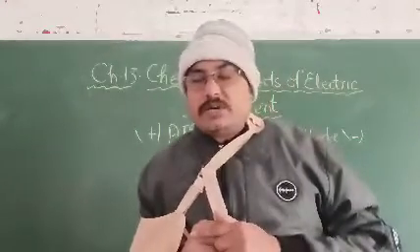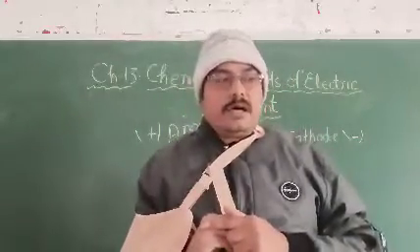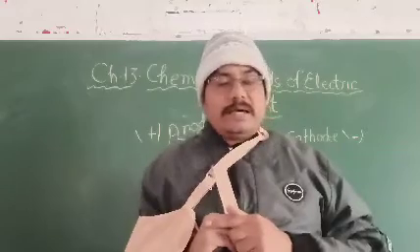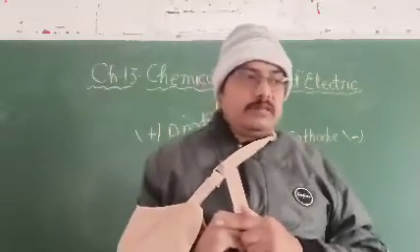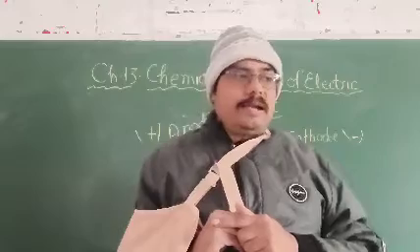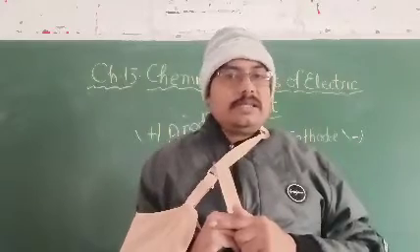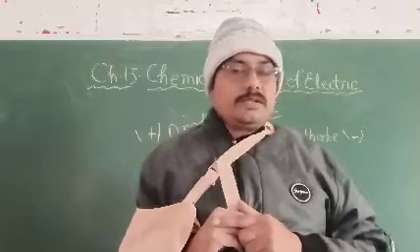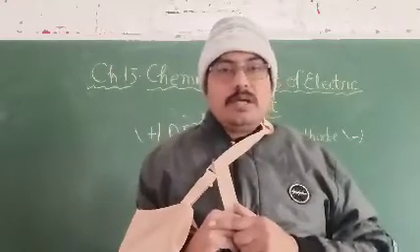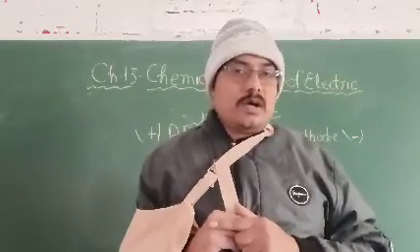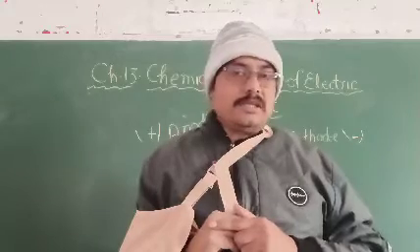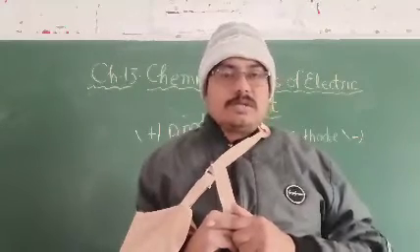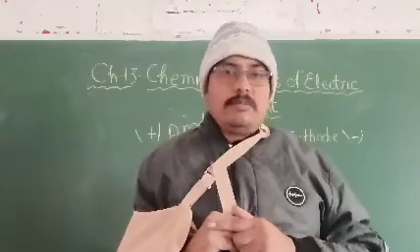So what I told you is that if you want to check by the help of a bulb, it might occur that if it is low voltage, then the bulb will not glow, and in good voltage, high voltage, the bulb will glow. But this is not the sure test of whether current is passing or not, because sometimes it happens that in low voltage the big bulb will not glow.